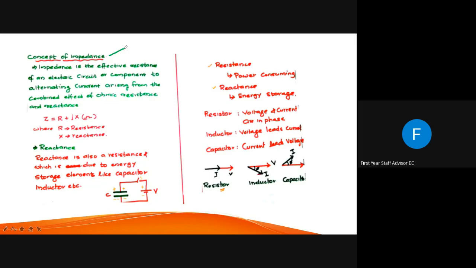When both are combined, we call it impedance. So the equation for impedance is Z equal to R plus jX, whether capacitive or inductive, depending on the circuit. This is the formula we just derived. So that's the concept of impedance.